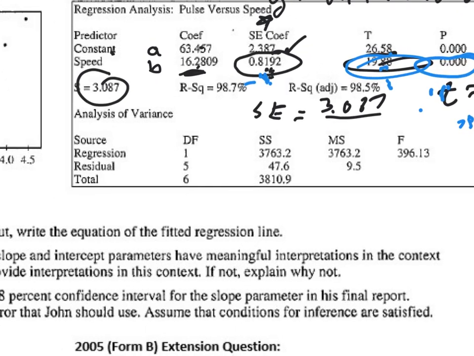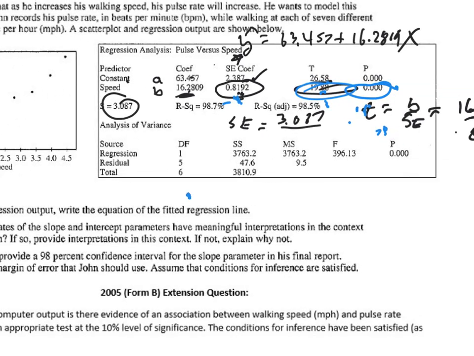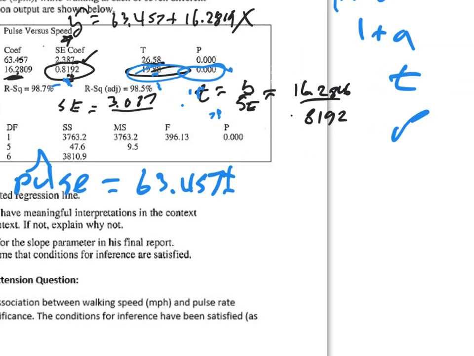So here's what I'm going to write. I'm not going to write y hat. Y hat stands for the pulse, doesn't it? I'm going to write pulse hat equals 63.457 plus 16.2819 times the speed.